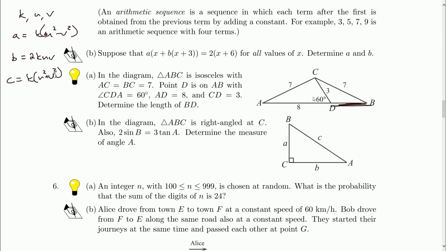Then this always gives you a Pythagorean triple. I'll quickly plug in u is 2, v is 1, and k is 1. Then I'd get 1 times 4 minus 1, 2 times 1 times 2 times 1, and 1 times 4 plus 1.